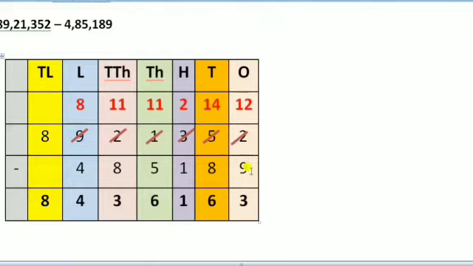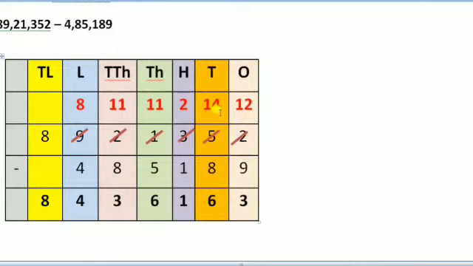From 2 we can't subtract 9, so we will use the process of borrowing. 1 is borrowed from the next column, where the number is 5. This 5 after cancellation becomes 4, and this 2 becomes 12. So we subtract 9 from 12, and 12 minus 9 becomes 3.